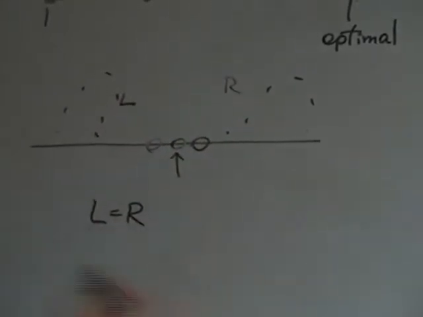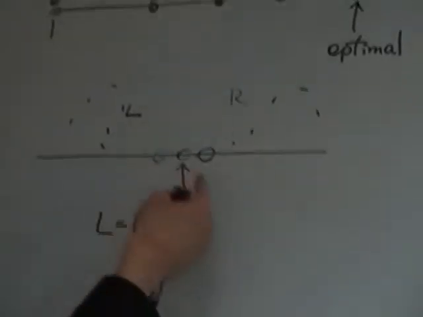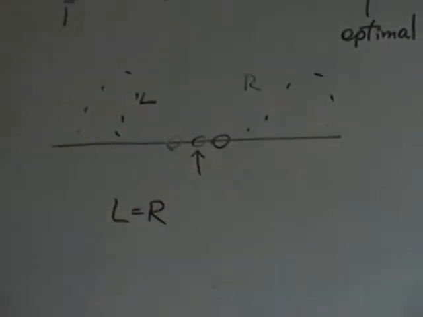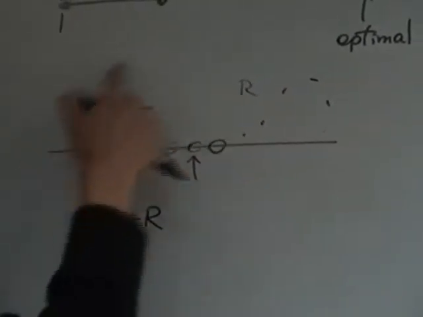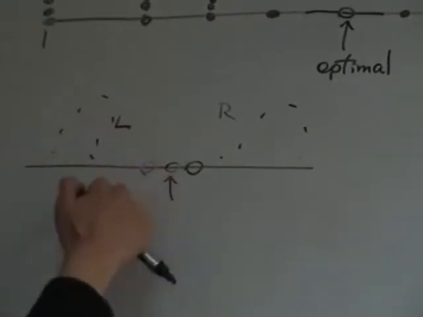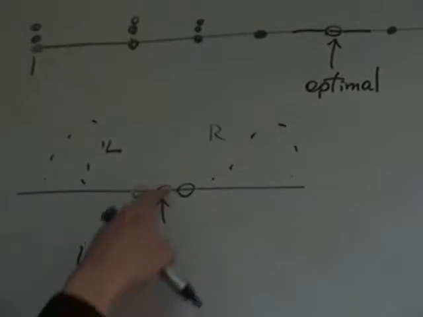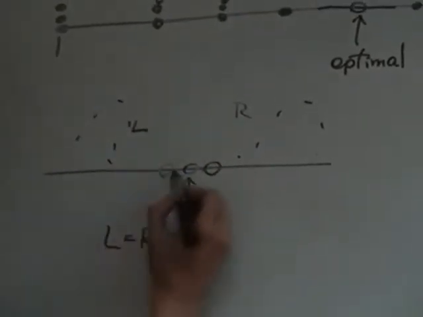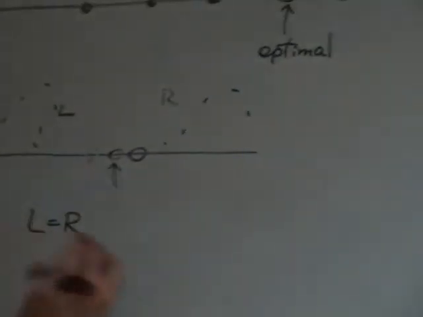Otherwise it would not be optimal, and you would be able to find a smaller number of moves by looking at the point to the left of it, say if L were greater than R, because there would be more points here than here, and the number of moves to move all of them to this point, which is closer to the left, is going to be less than the number of moves to move them to this point. And since you're given that this point is optimal, you say that L must be equal to R.